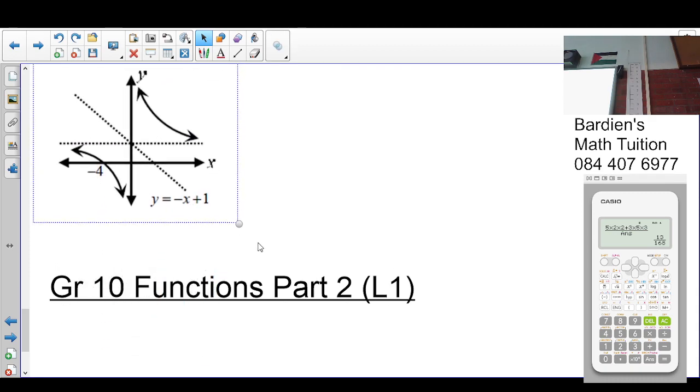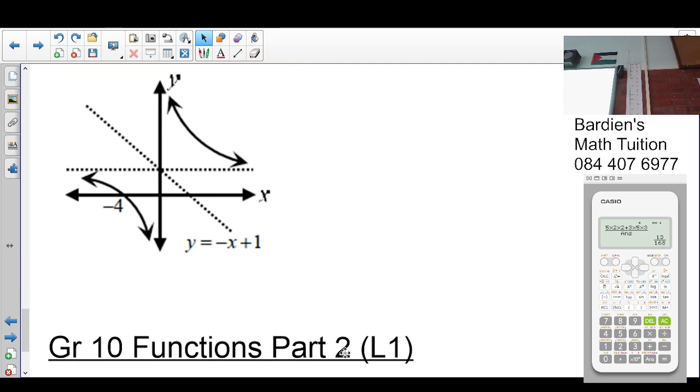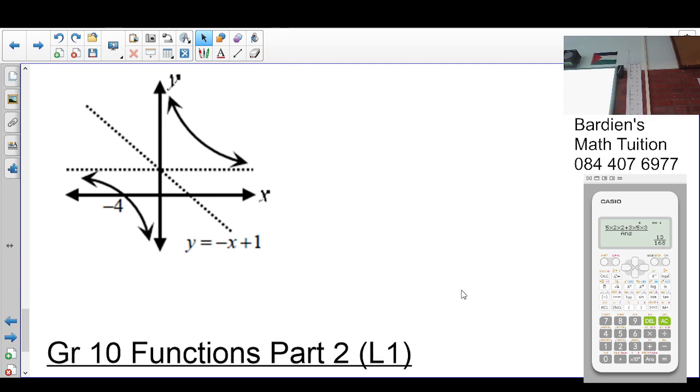Okay, let's look at this one here. Again, the standard form of this will be y equals k over x plus q. Now here we don't have the value for q.